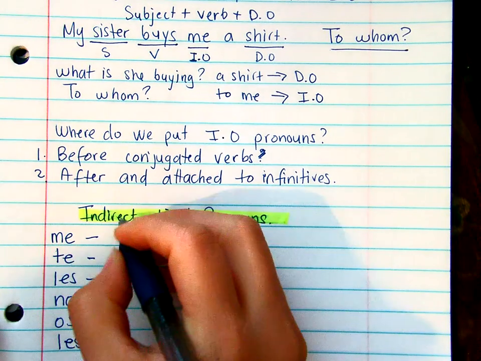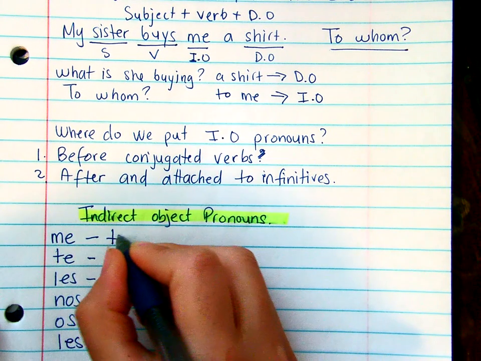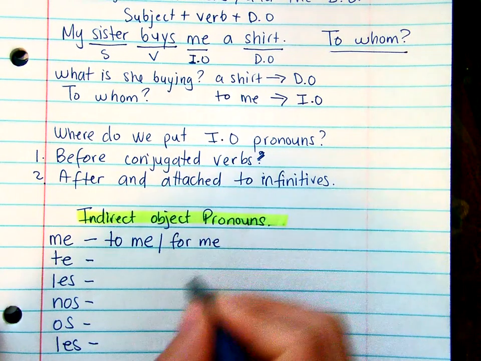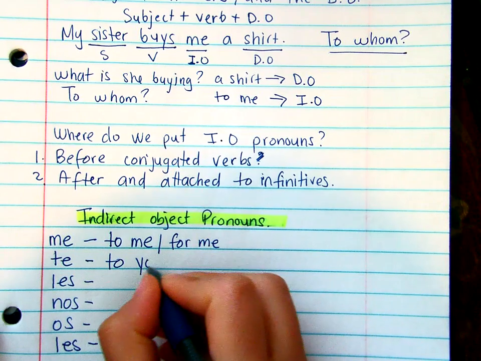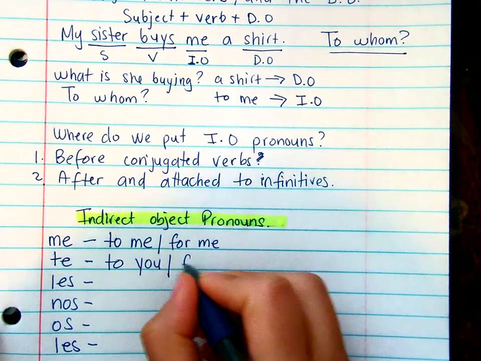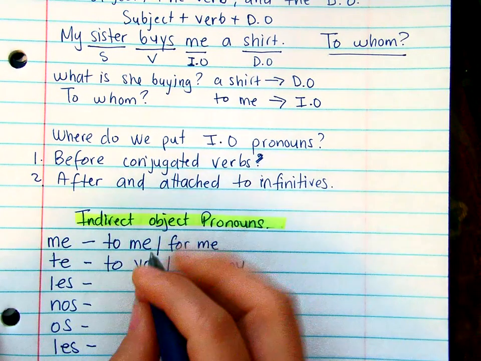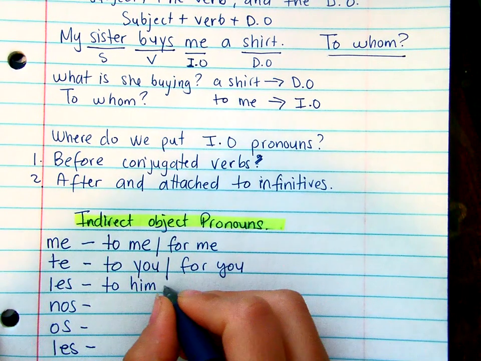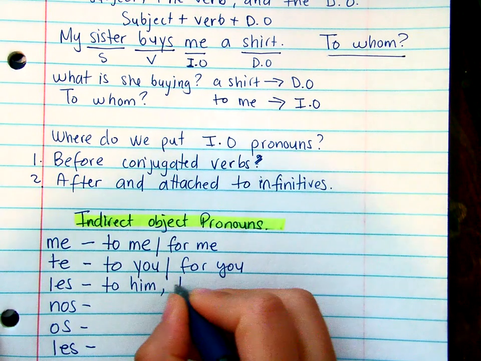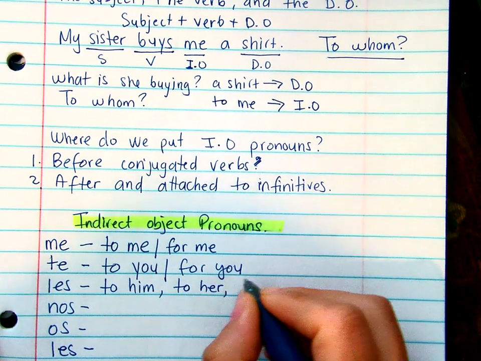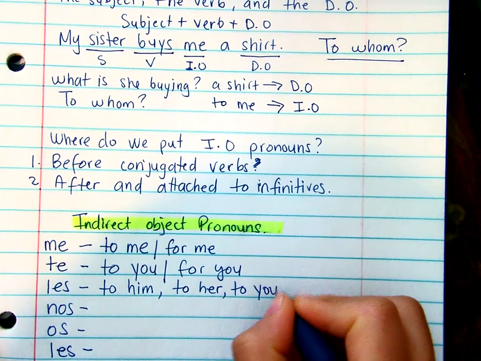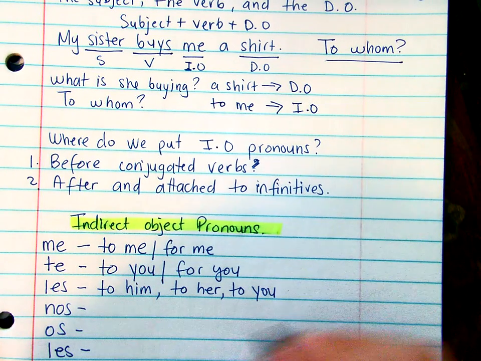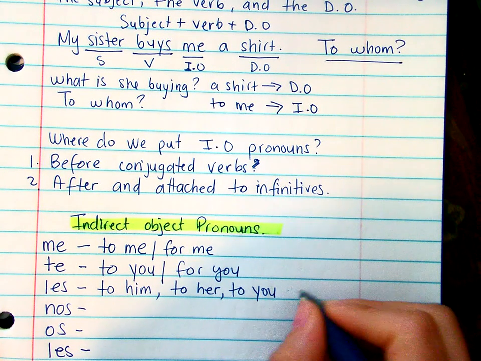We will translate. Okay, this one means to me, or for me, to you, or for you. Le, you're going to use to him, to her, to you. Formal, right? This is formal. Or for you, for him, for her, right? Same thing.